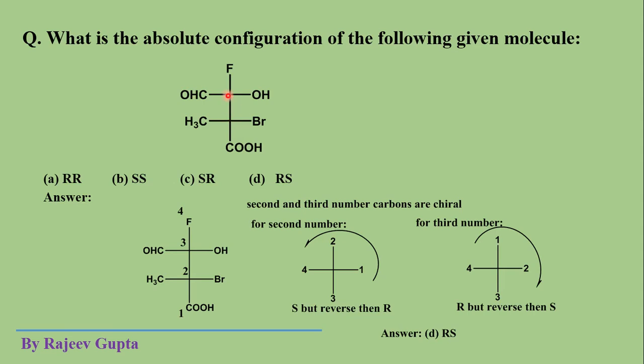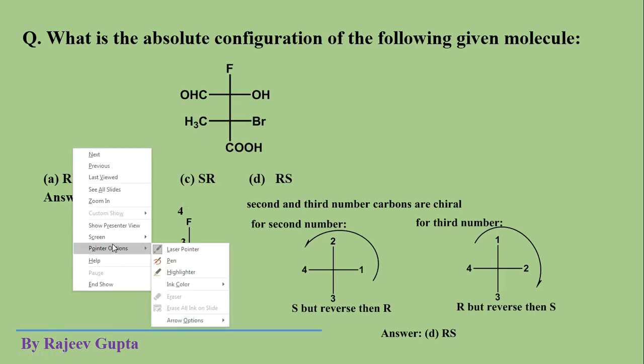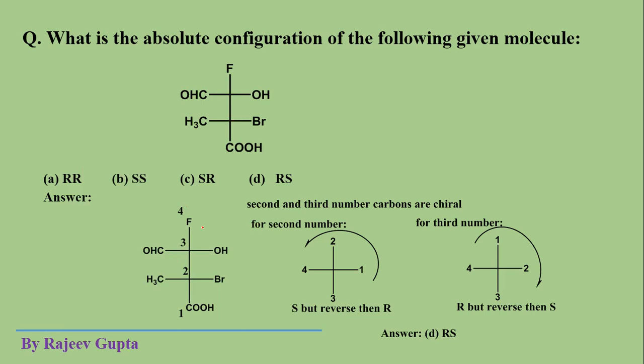So we have to give the configuration for both the chiral carbon atoms. So what will be the configuration? Let's see. First we see this carbon atom.